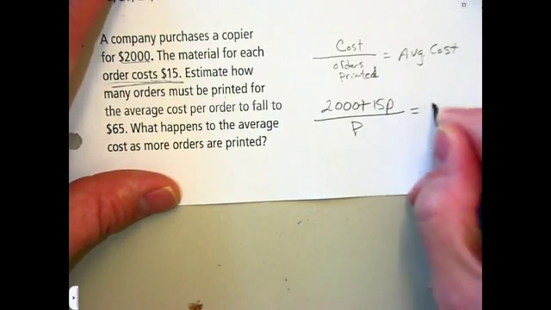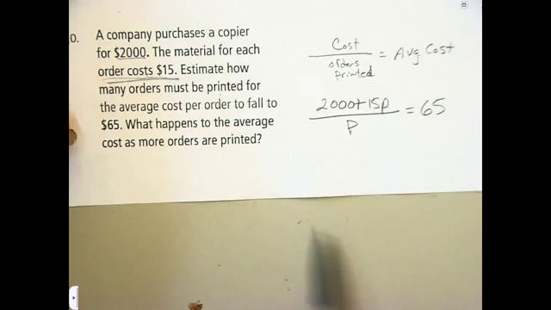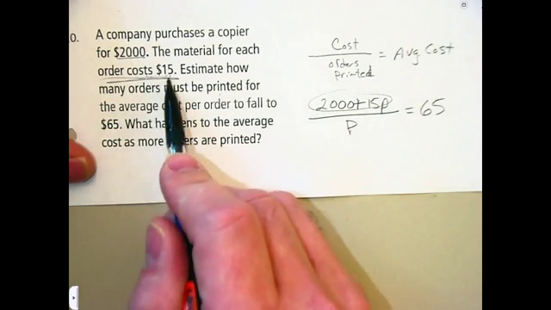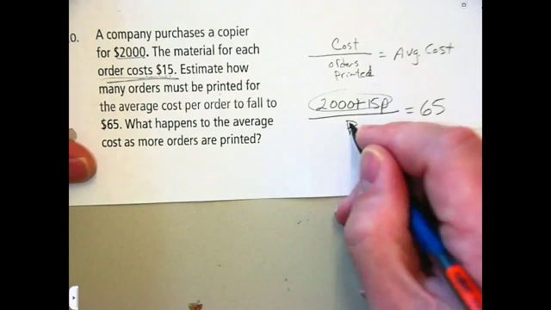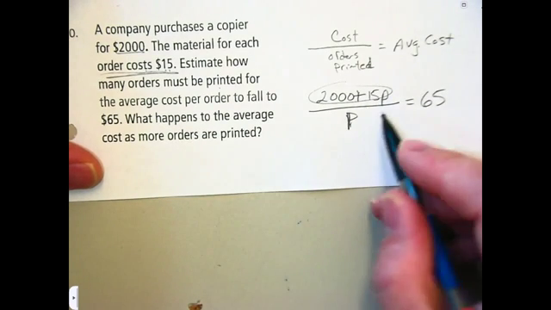That's going to give us an average cost of $65. So first you have to recognize that the cost is that linear equation, 2,000 plus 15p. P stands for the number of orders we printed, and 65 is what we want our average to fall to.